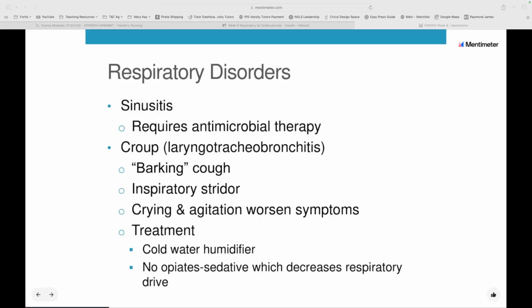So their airways will open and they'll be able to breathe a lot easier. It's really important that we don't give these children sedatives, no opiates, no sedatives, because that's going to decrease their respiratory drive and make their brain not respond to breathing.